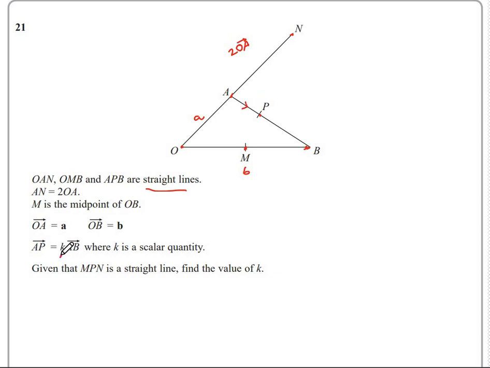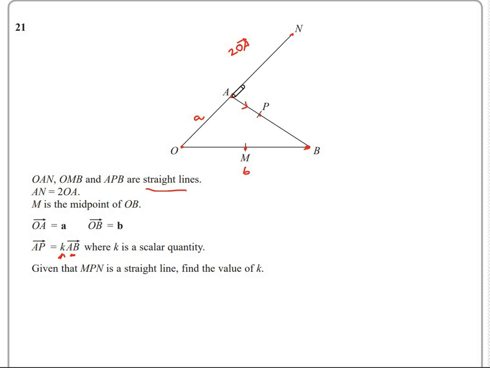Remember, a scalar quantity is not a vector, it's just a normal number like 1, 2, 3, 4, 5. And we have K times AB. So this question is showing us that this vector here, AP, is K times AB.